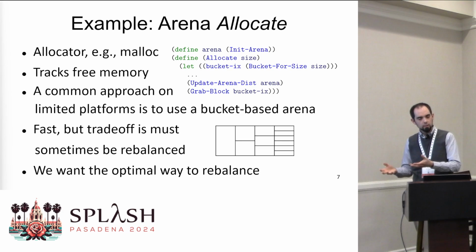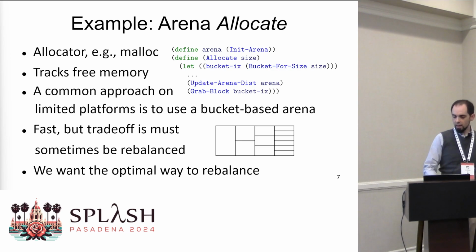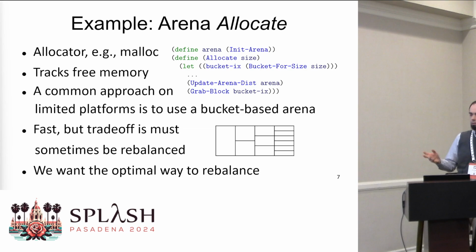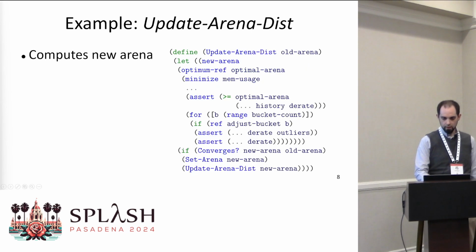It's very different in the beginning versus in the steady state. So there is that trade-off of rebalancing. It's possible to solve this problem many ways, but we want the best way to rebalance it, right? The function that does this is this update arena dist here. And now let's take a look at that.